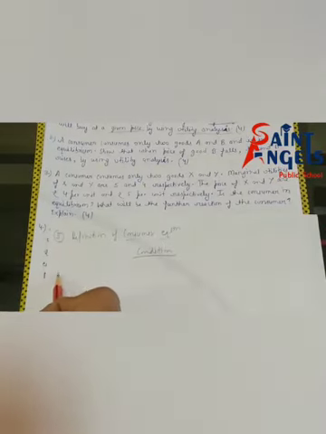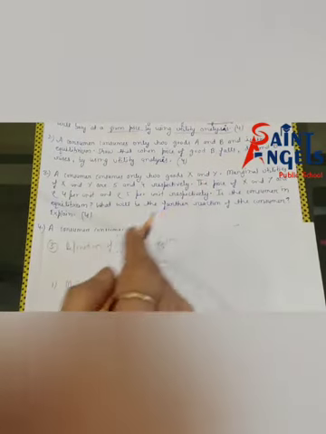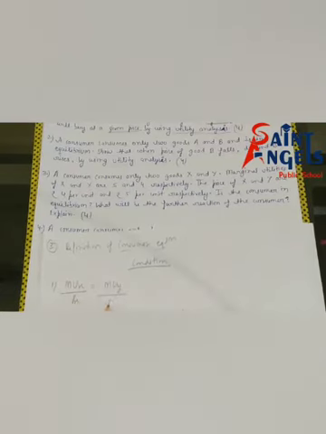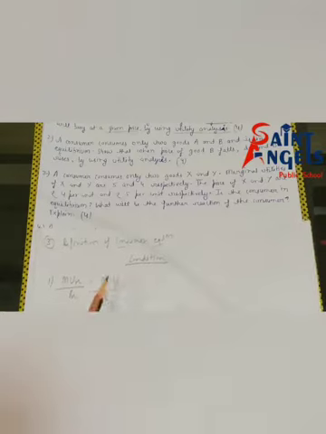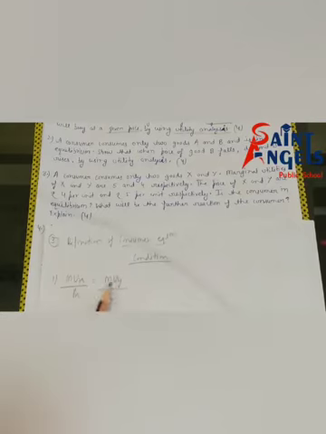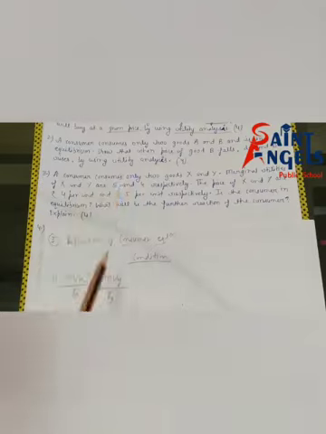First condition. See, here good X and good Y. So you will take MUX upon PX is equal to MUY upon PY. See, put the values of MUX, PX, MUY and PY.